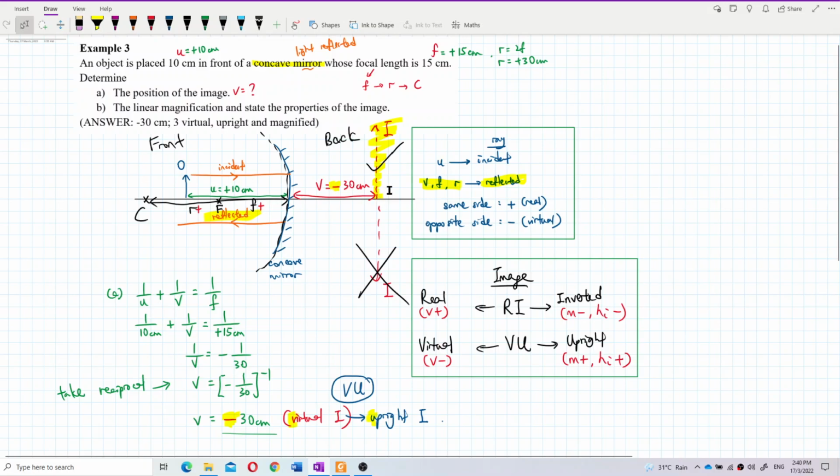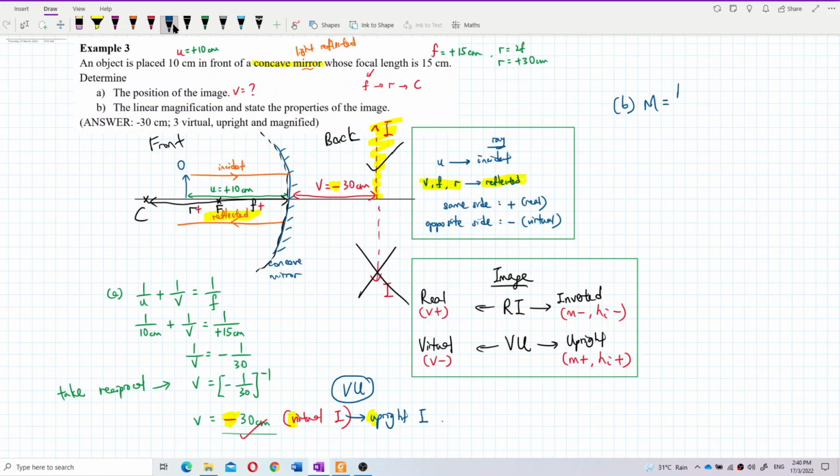Okay. Now I got the answer already, negative 30. Is the answer correct? Yes, the image distance is negative 30 cm. It's correct. Now it's a virtual image. So now find B, magnification.